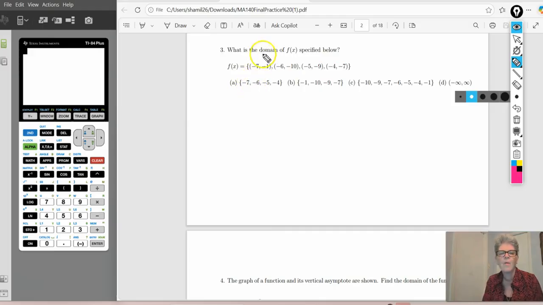So, what is the domain when you have a function presented like this? The domain will be the set of first entries. Notice if this question had asked you what the range was, it would have been the set of second entries.